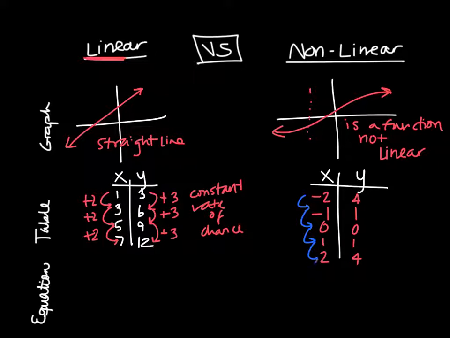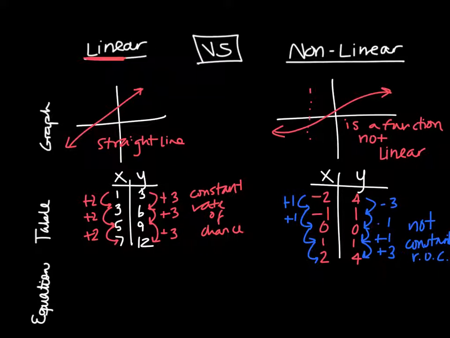The x is going up by 1 every time. But on the y, I'm going down 3, down 1, and then I turn around and I start increasing. This is an example of something that is not linear because this is a non-constant rate of change. So we can just say it is not constant rate, I'm abbreviating, rate of change.